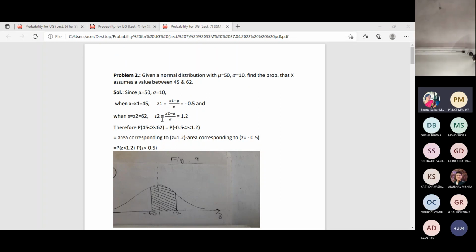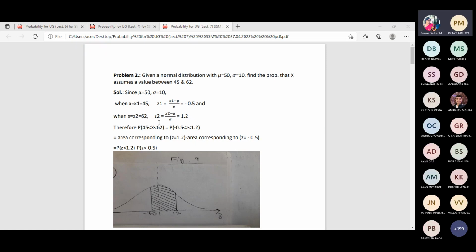Your Z value, denoted by Z1, will be equal to X1 minus mu by sigma. X1 is 45, mu is 50, sigma is 10. So we have obtained minus 0.5.